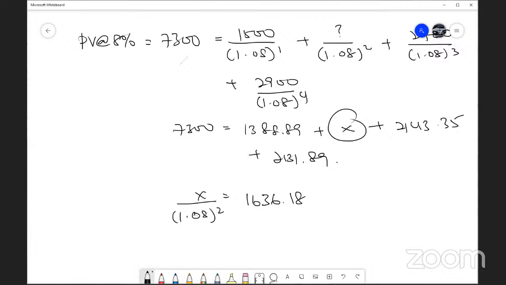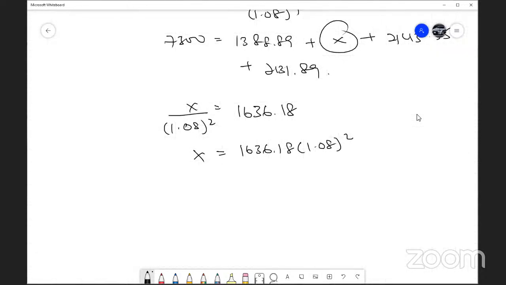1636.18. So this one shift on top, your x is equal to 1636.18 times 1.08 power of 2. So what is your value here?